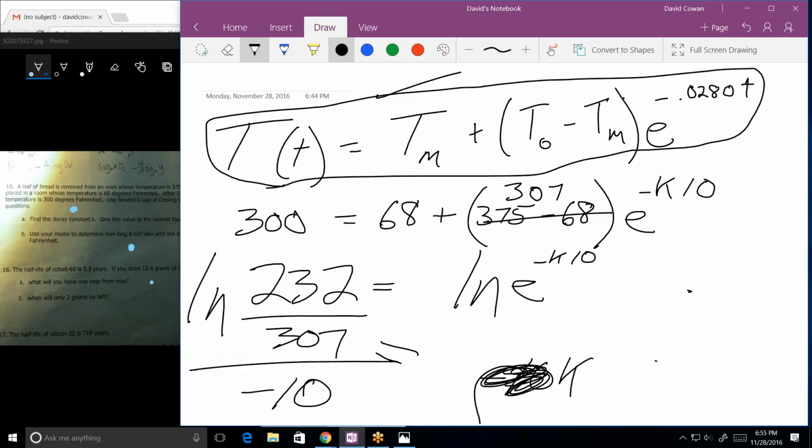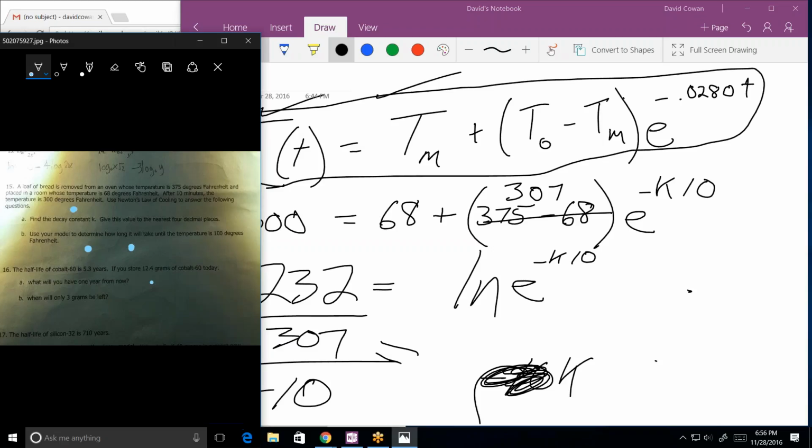So anything else is going to have a different K. In other words, I call the original equation that I wrote the general equation for Newton's law of cooling, whereas this equation is the specific equation for this particular situation only. In other words, K only applies to this loaf of bread.